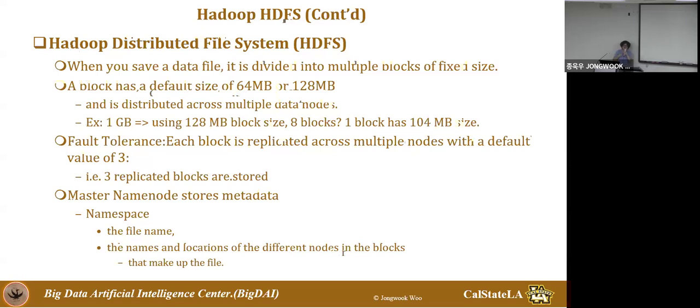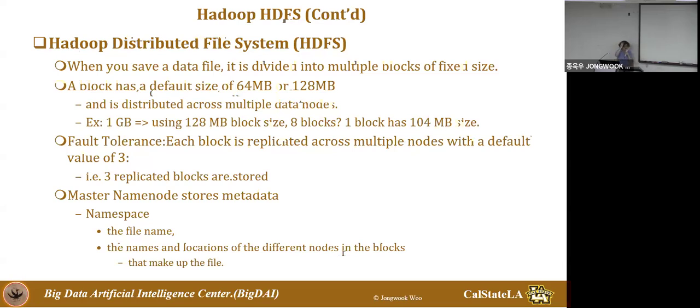That's what I need to remember. Okay, I don't need to keep the block, but I definitely need to remember the file name, the blocks that compose that file, and the location, the server that keeps these blocks. This information is called metadata. Okay? So metadata is nothing else, but it's like a namespace, or simply like a table.